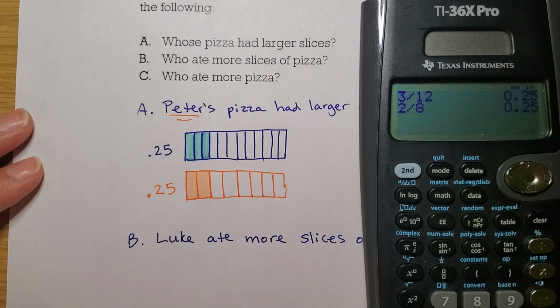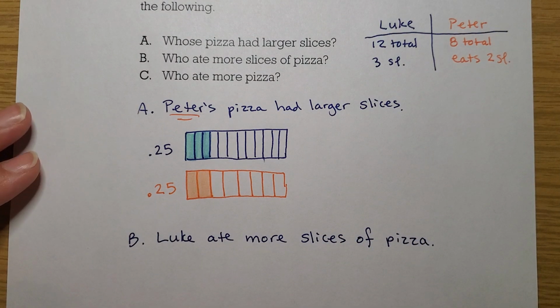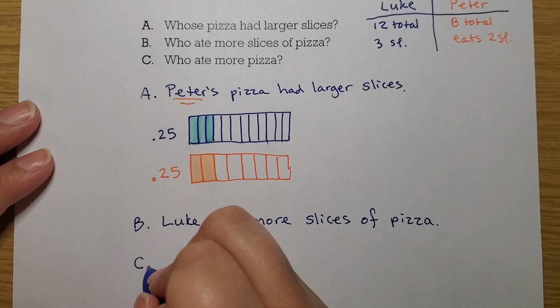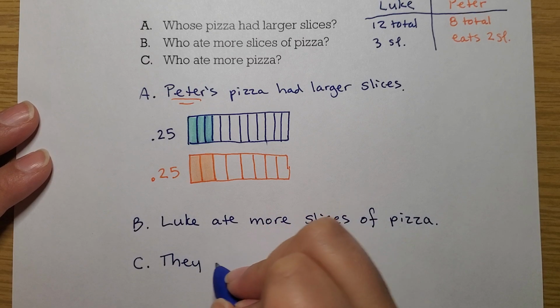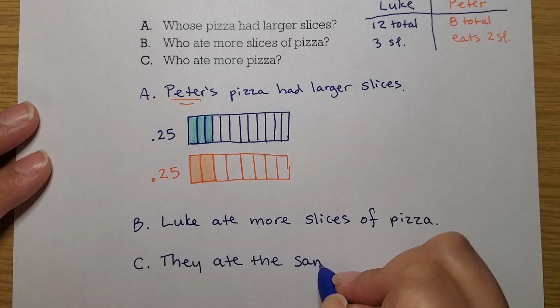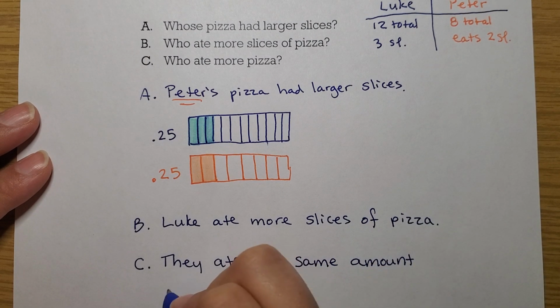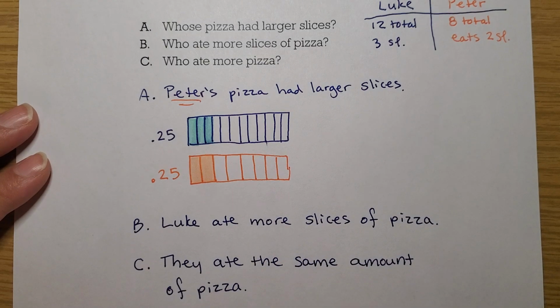Okay, so it looks like they each ate a quarter of a large pizza. So our picture's pretty good here. It's leading us to a good conclusion that they ate the same amount of pizza. So nobody ate more and nobody ate less.